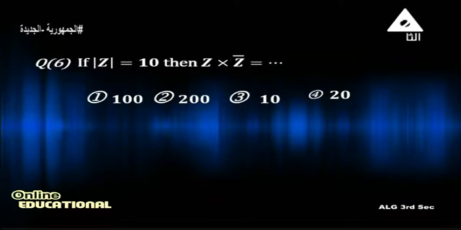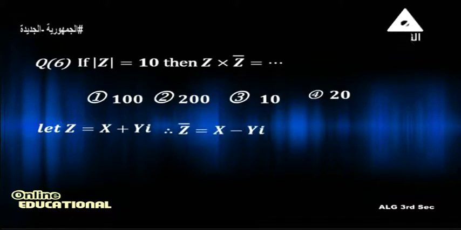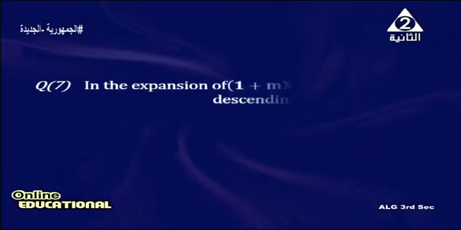We let z = x + yi, or in trigonometric form, r(cos θ + i sin θ). In this case, we suppose z = x + yi. What is the conjugate? Yes, z bar = x − yi. Remember the conjugate.